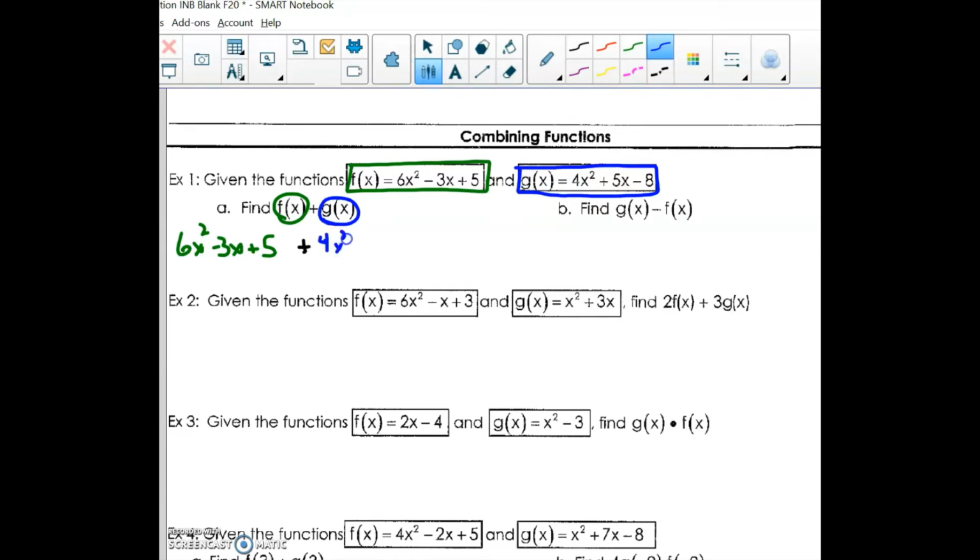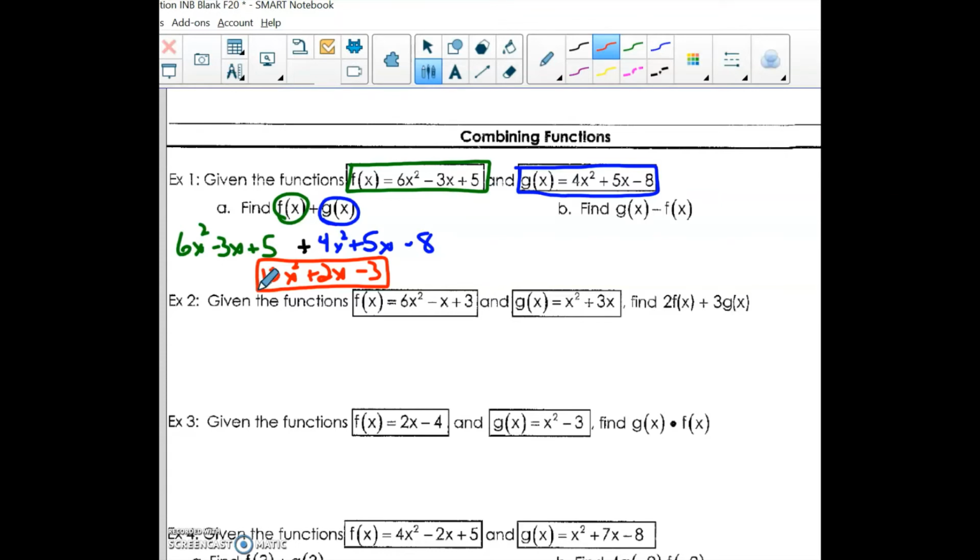We're going to combine like terms, write it in standard form, and that's all we do for the addition of these two functions. So that is 10x squared plus 2x minus 3, and that is the combining using addition of functions.